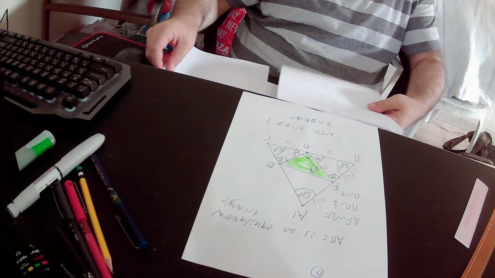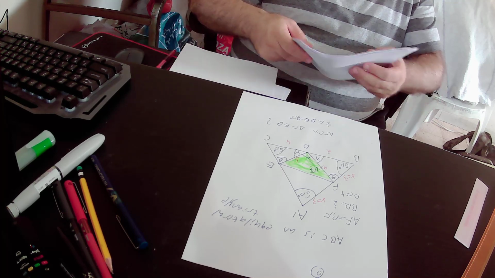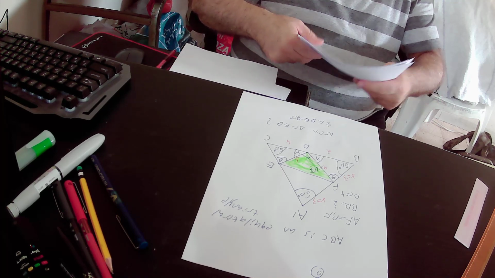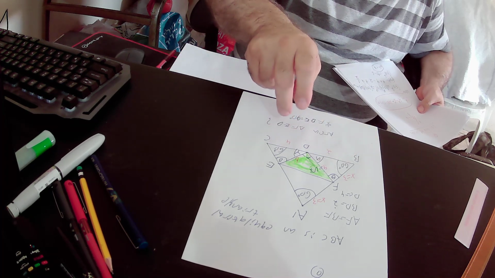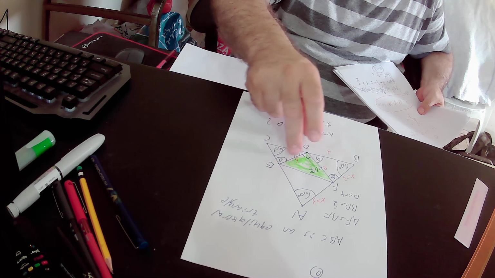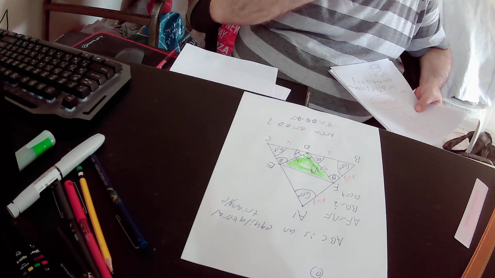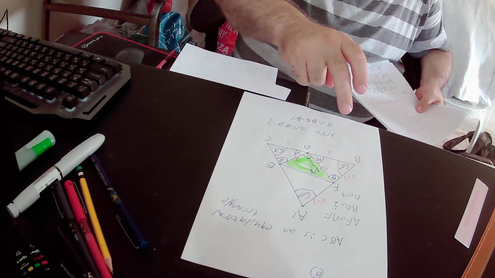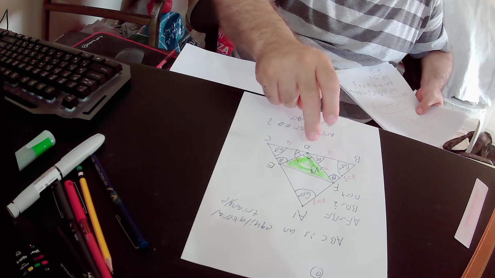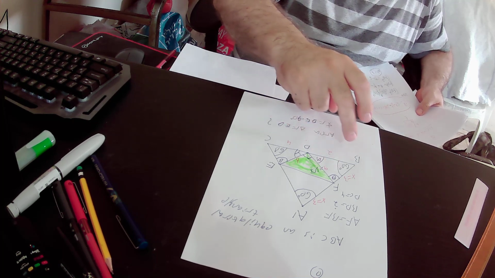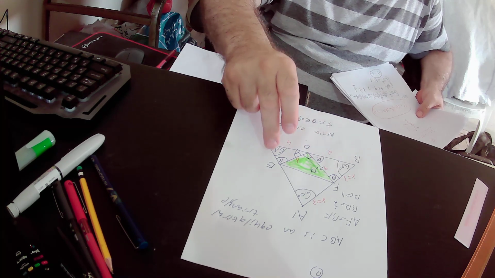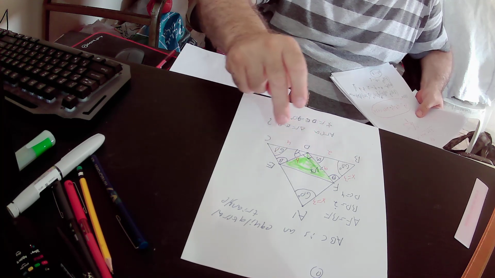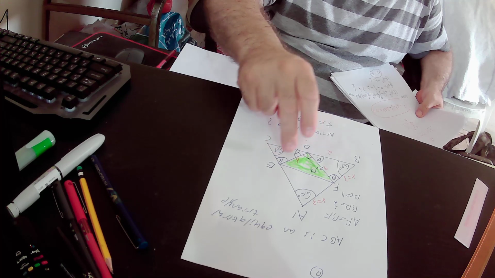Okay, and we defined FD as A and DC and DF as B, and we defined angle BFD as theta and angle BDF as alpha and angle EDC as gamma and angle CEB as beta.